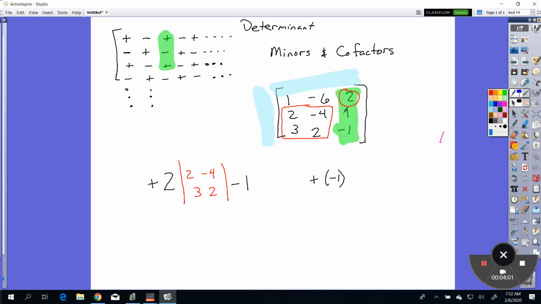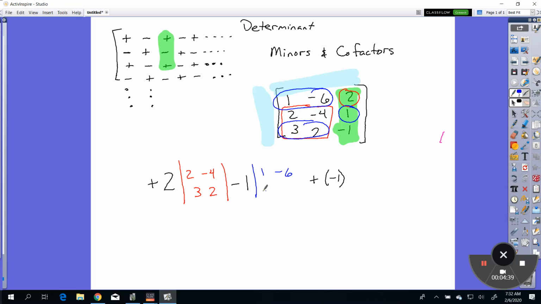Now we have 1, right? Am I going too fast? Because this is new for you guys. So 1's in the middle row, last column. Not with 1 is 1, negative 6, and 3, 2. So I write those down. Wait, why did you do the 2, negative 4, 3, 2? Because they are not in the same row or column. Oh, okay. So not in the same row or column as this one is the 1, negative 6, and the 3, 2.